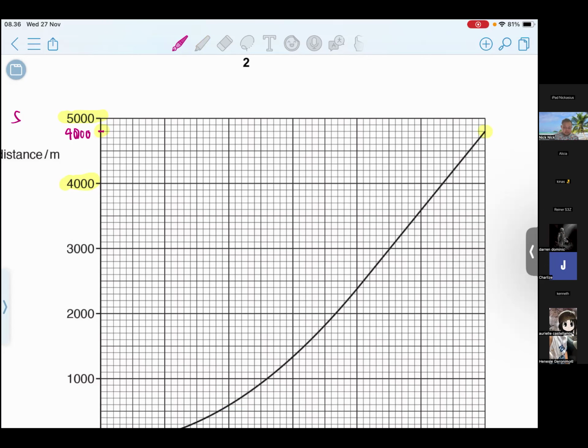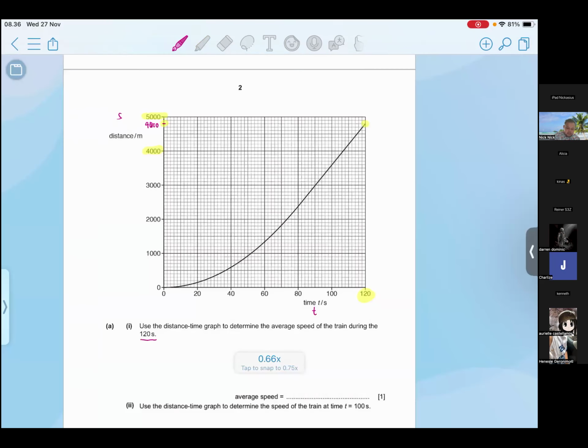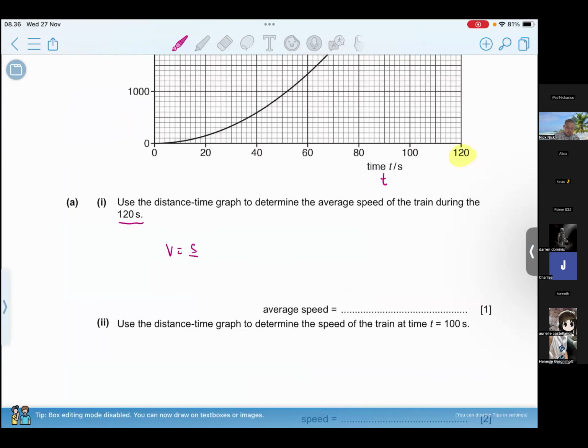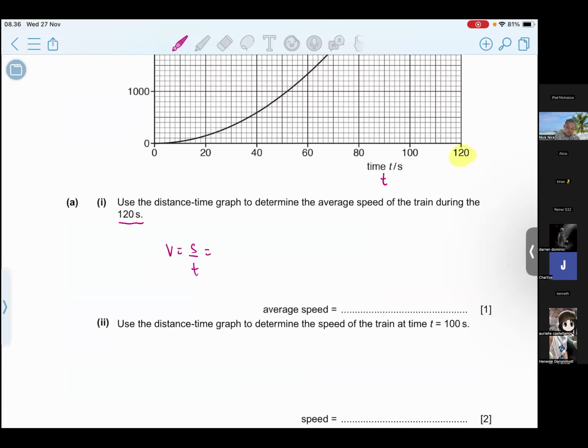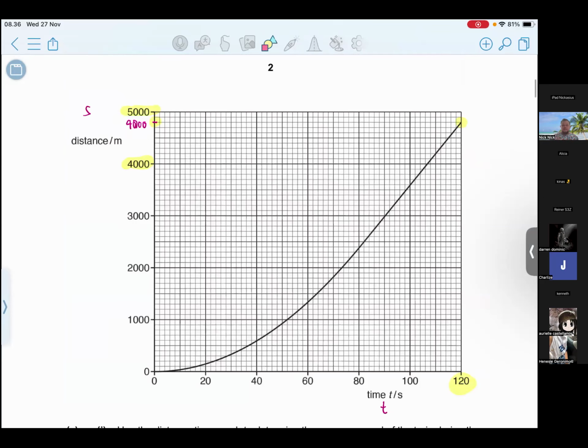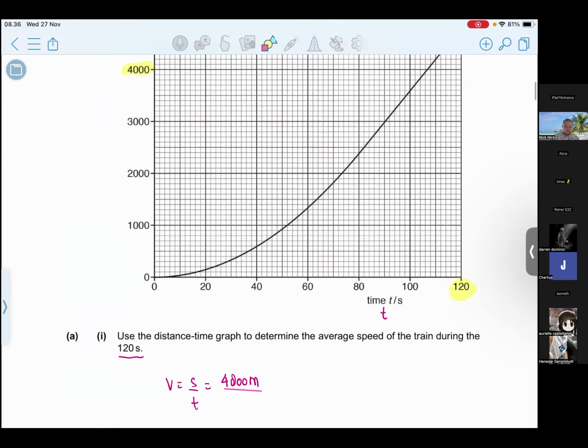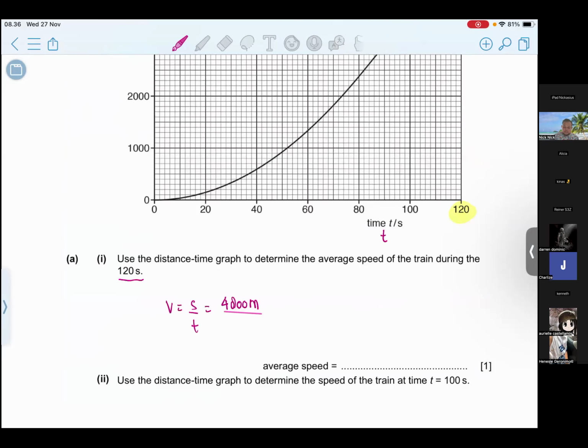4,800 meters. So we know that the average speed is the total distance over time. The total distance is 4,800 meters. Where do we get that? We get that from the ST graph. That's why your ability to read the graph is really important, really crucial. And the total time here is 120 seconds.